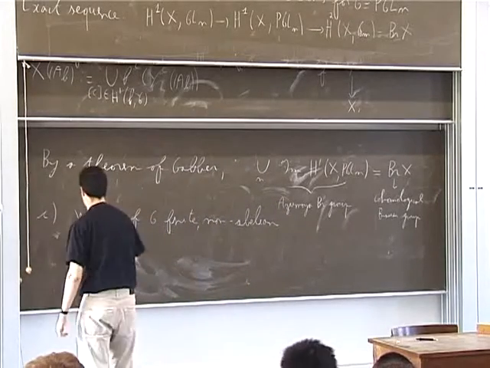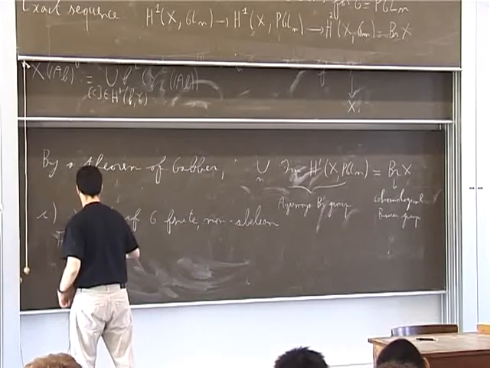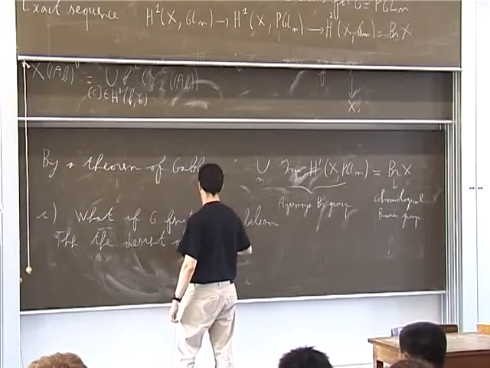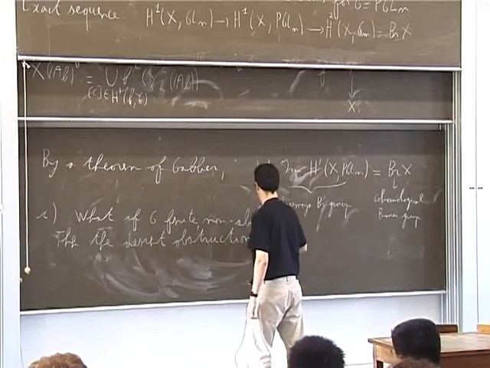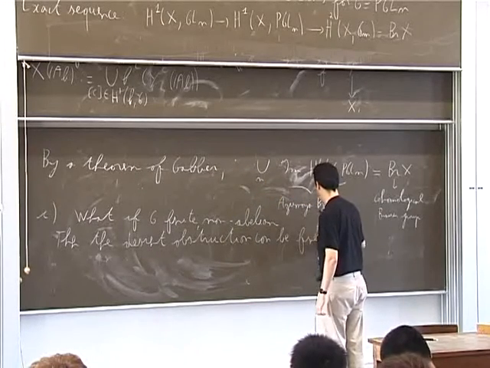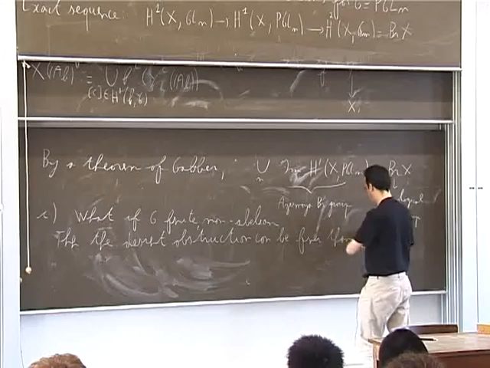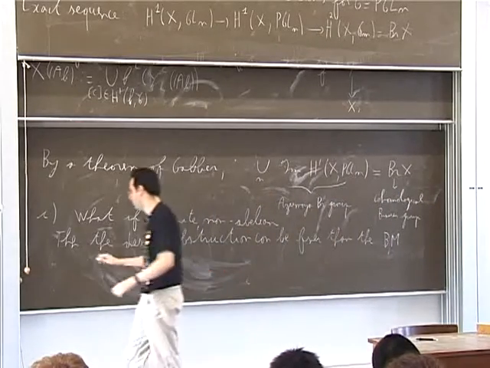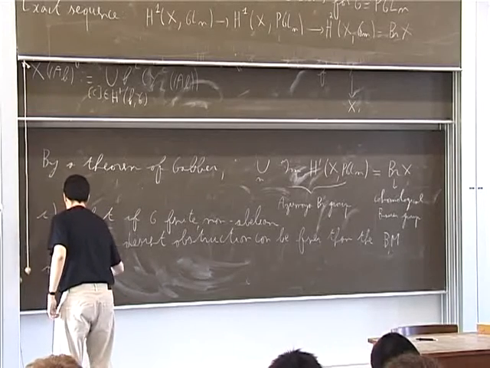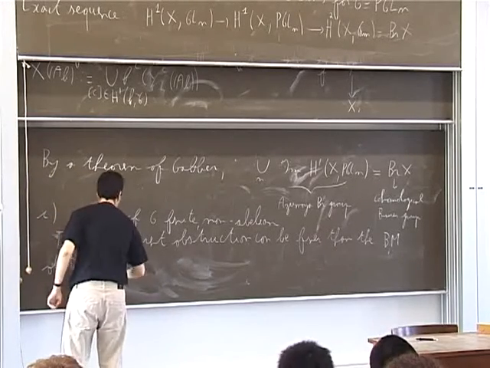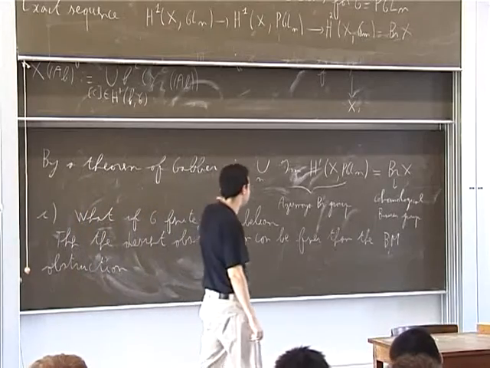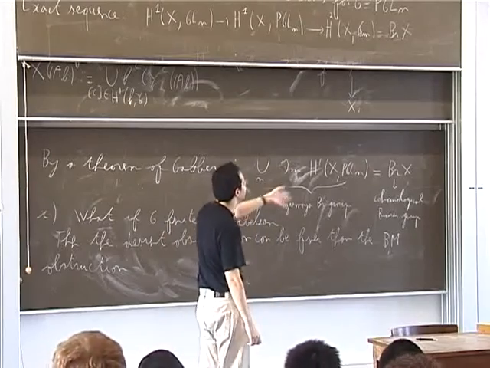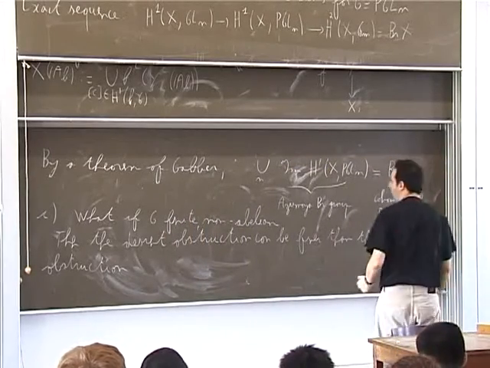Then the result is that the descent obstruction can be finer than the Brauer-Manin obstruction, which means that if you take the Brauer-Manin set, the set of adelic points satisfying all Brauer-Manin conditions, it is not necessarily a subset of this descent set X(A_K)^F.